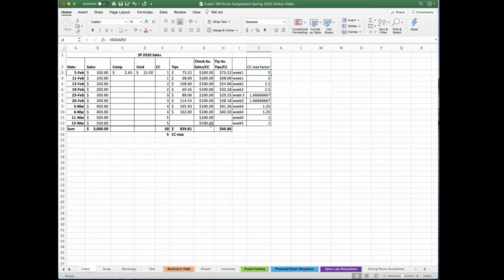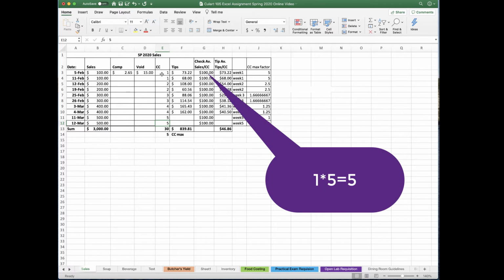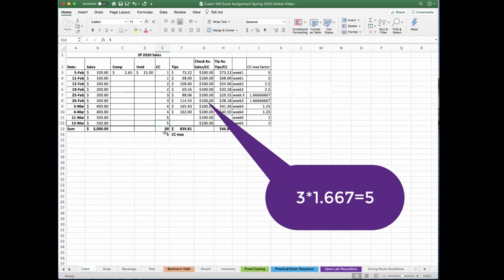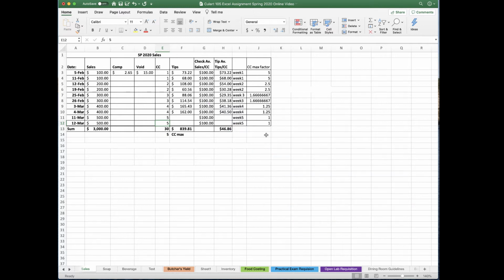So the factor number is 5, so that times that will equal that. And conversely, down here, we serve 5 people, so 5 times 1 equals 5. This number times that number equals that number. And that's why here you got 3 times 1.66666 equals 5. So this is the factor that'll make that adjustment for you.